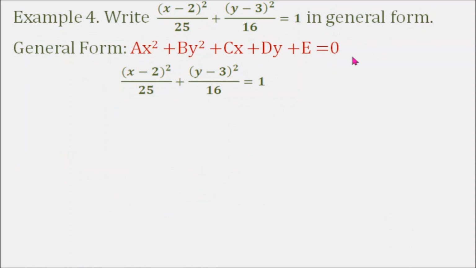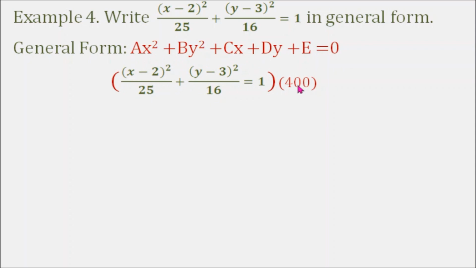Now we are going to write our equation in general form. So this is the general form. So the right side will be equal to 0. So this is our equation. The first thing we are going to do is multiply our equation by the least common denominator. So between 25 and 16, the least common denominator is 400. So we are going to multiply our equation by 400.